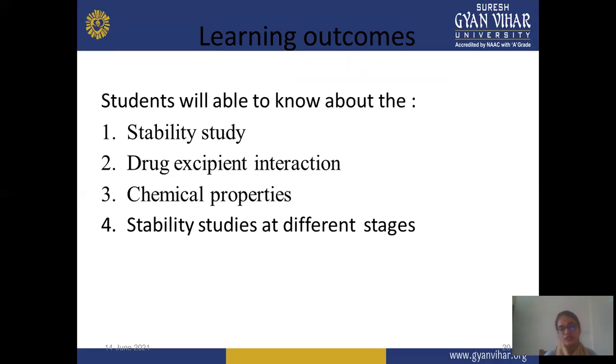You also know the definition of stability and what a stability study is, drug excipient interaction, how you select a particular excipient and check whether drug interaction takes place or not, chemical property, and stability study at different stages, which stages require stability study, and how much time period is required to perform this stability study.